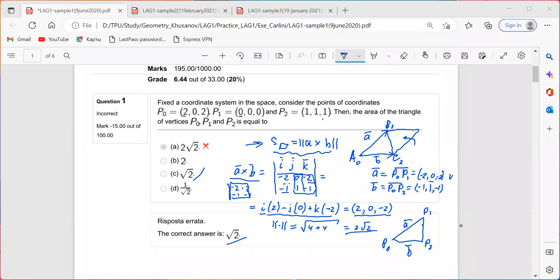You're asking whether we can calculate distances between points instead. Yes, you can. For example, you can compute the distance P0, P1, then the distance P1, P2, and the distance P0, P2, and then use Heron's formula to compute the area of this triangle.